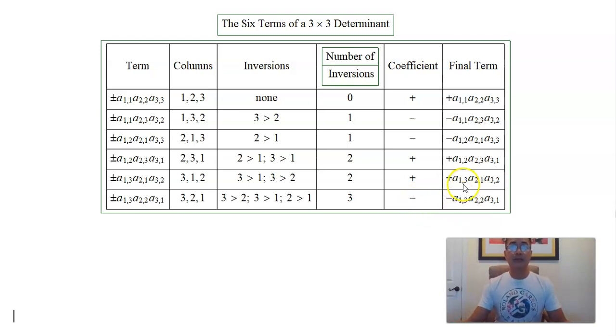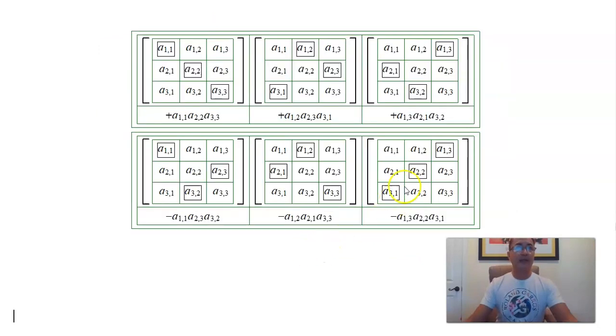So notice, I hope you notice, that you have 3 positive terms and 3 negative terms. That's not an accident. And we're going to learn that in the 4x4, 5x5 formulas, that pattern will also continue. So in this diagram, I listed out those 6 terms.